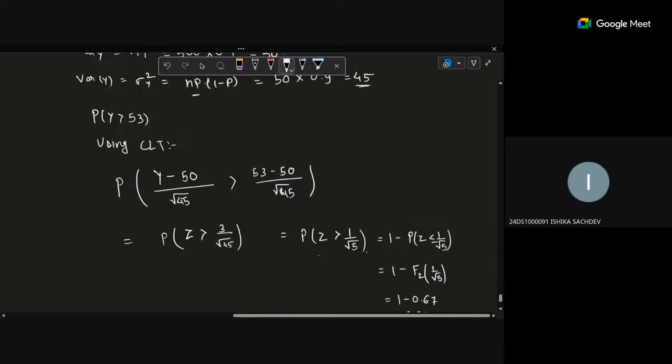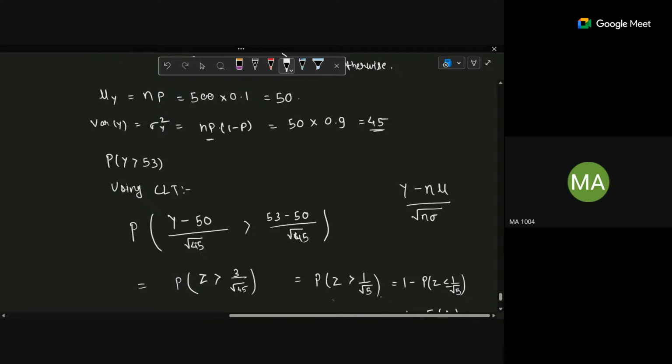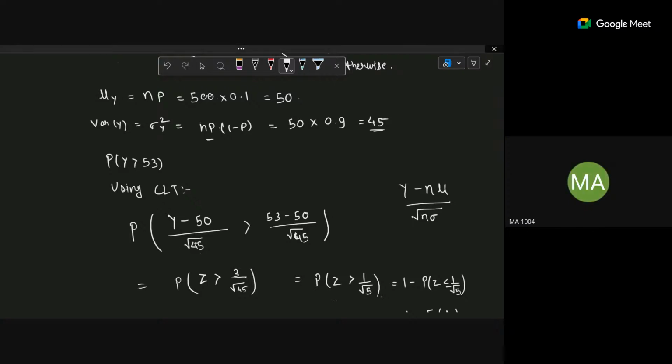We have used the mean of Y and the variance of Y. Why have we not used this formula for CLT? Is that your question? Yes, ma'am. So when will n mu and n sigma come into the picture?